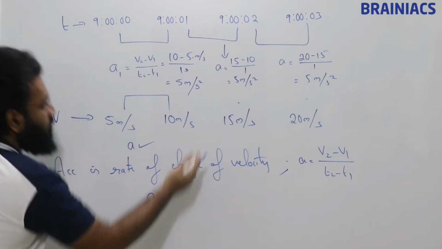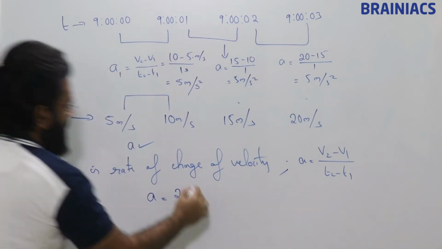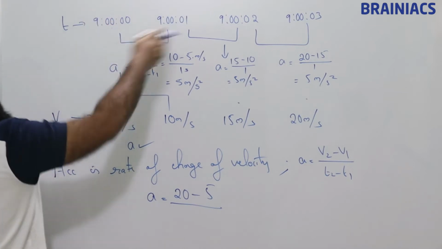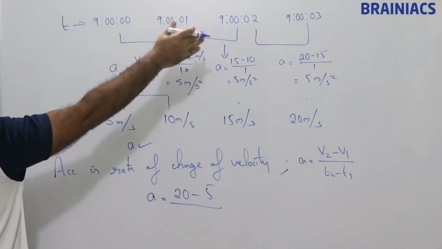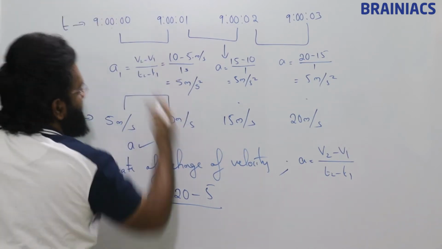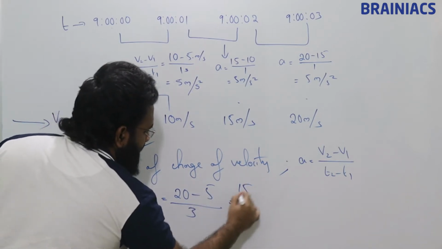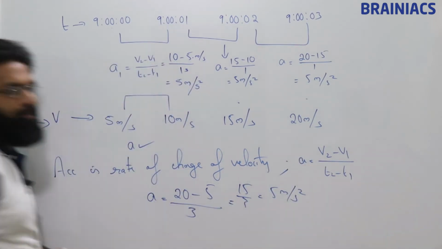A is equal to 20 minus 5 divided by this time minus this time. So 9 hours 0 minutes 3 seconds minus 9 hours 0 minutes 0 seconds. The difference is nothing but 3. So this is 15 by 3 is equal to 5 meter per second square.